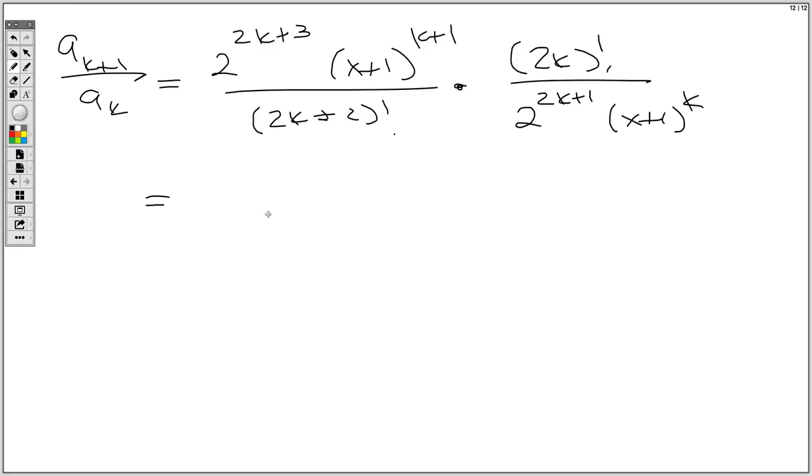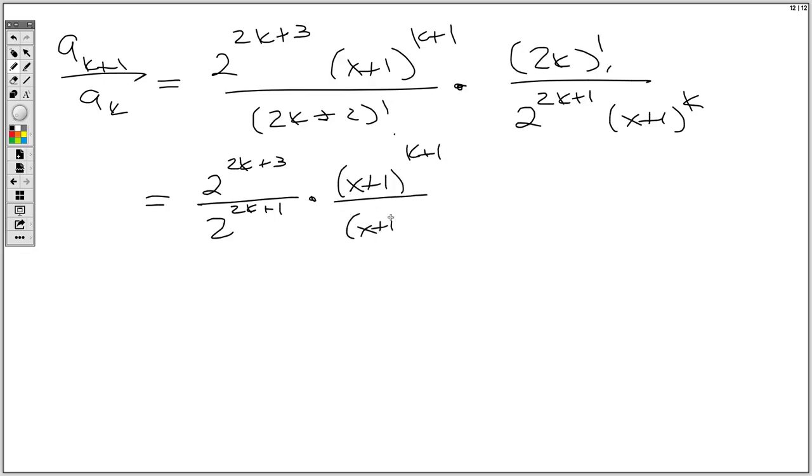As always, we group together what goes together: 2 to the 2k plus 3 over 2 to the 2k plus 1, times x plus 1 to the k plus 1 over x plus 1 to the k, times 2k factorial over 2k plus 2 factorial.